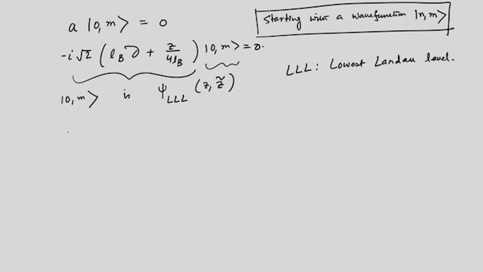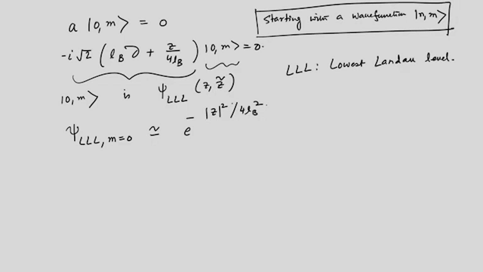Okay. So if we take the lowest Landau level and then put m equal to 0 as well, then this has a form, unnormalized, of exponential minus mod z squared divided by 4 LB squared. And this reminds you of the ground state wave function for the harmonic oscillator. So this is the ground state corresponding to m equal to 0, and in terms of the coordinates this is written as exponential minus mod z squared by 4 LB squared.